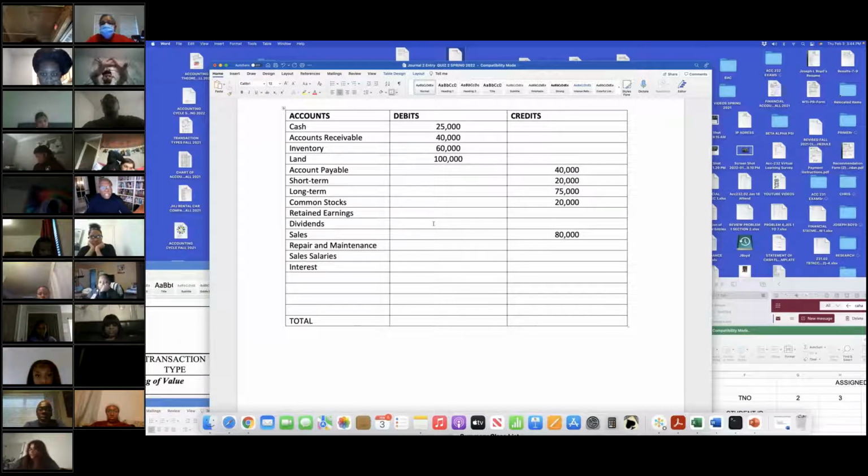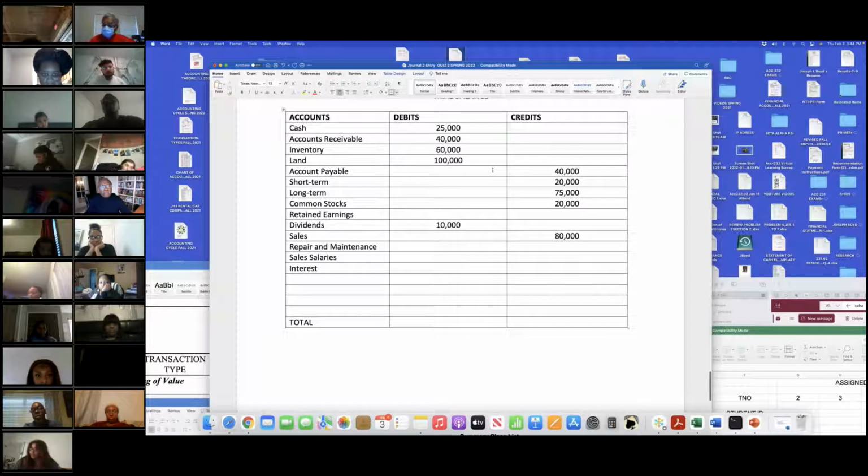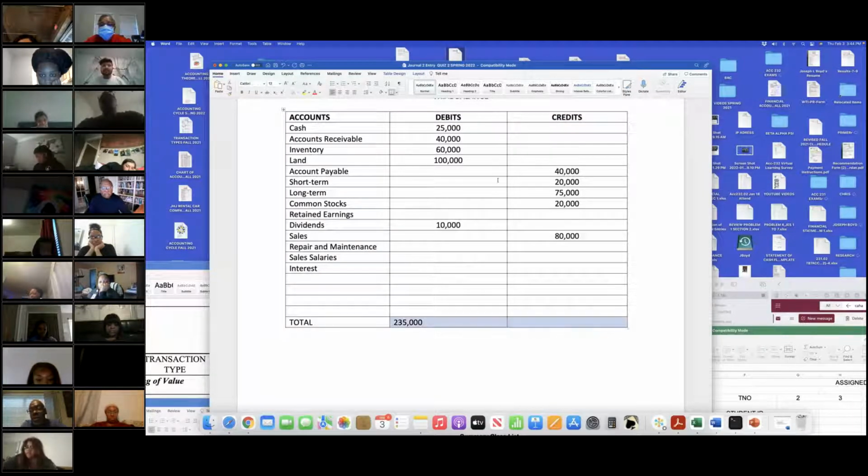So when we add up the debits and we add up the credits, what do we come up with? 235 for the debit side. What did you get for the credit side? 155.